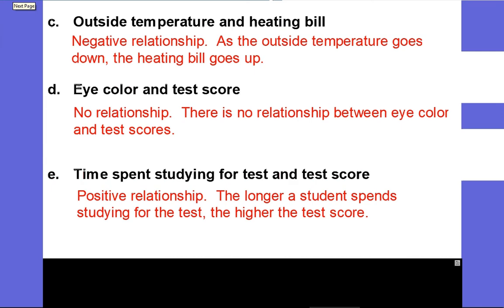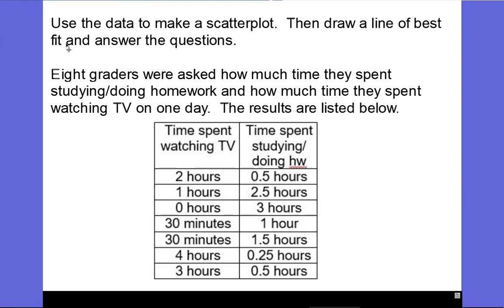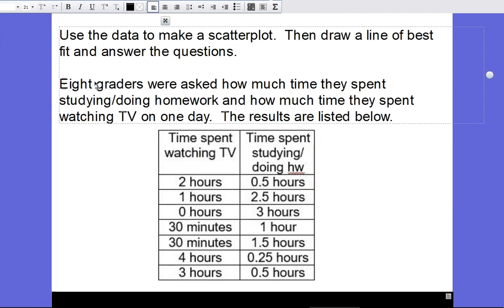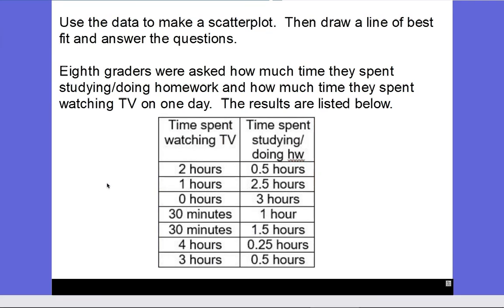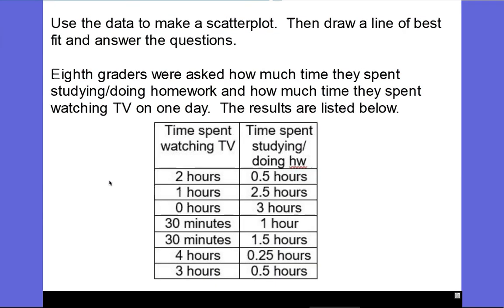Moving on. Now it says use the data to make a scatterplot, then draw a line of best fit and answer the question. It should say 8th graders were asked how much time they spent studying or doing homework versus how much time they spent watching TV on one day.